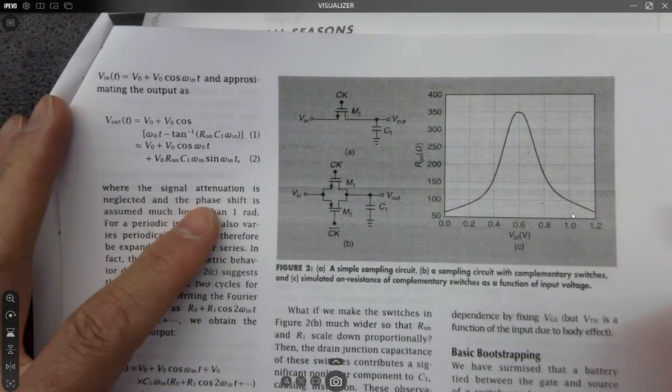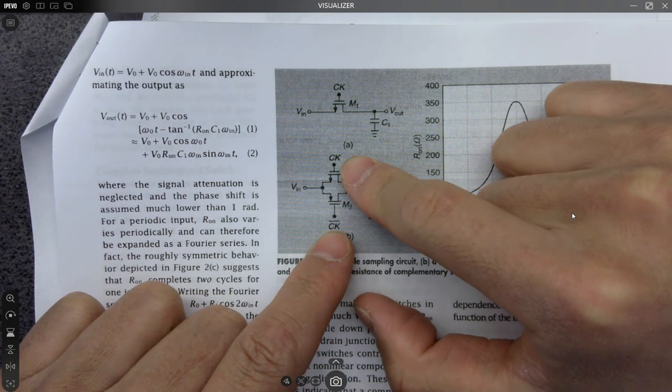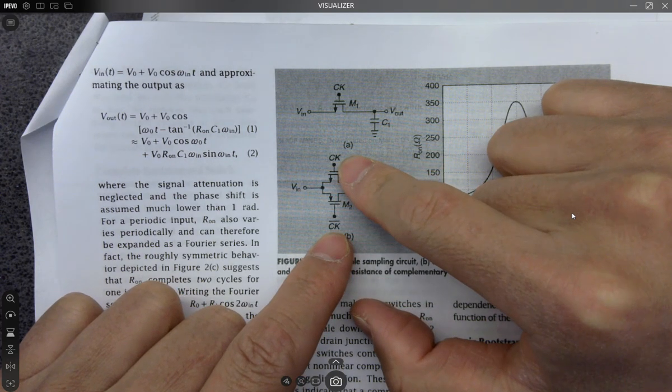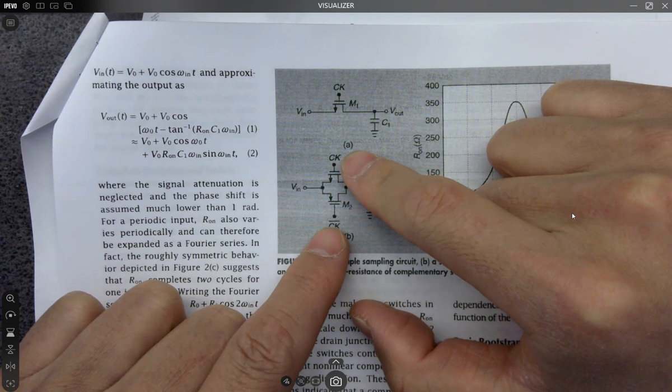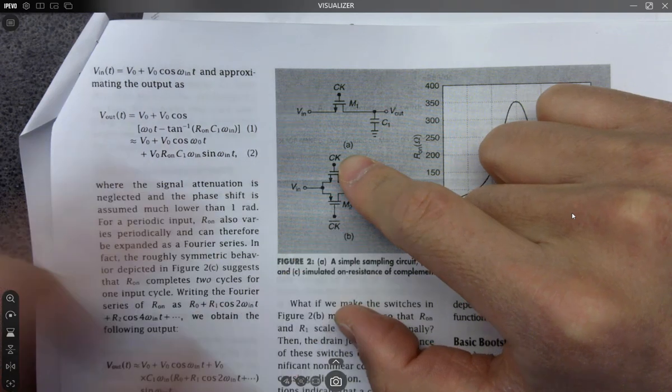So the reason for that is because your clock, your gate voltage, is fixed at VDD or ground. Okay, let's say if it's VDD, it's a DC voltage.